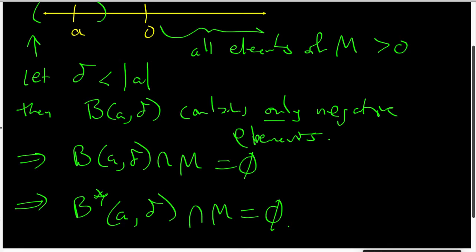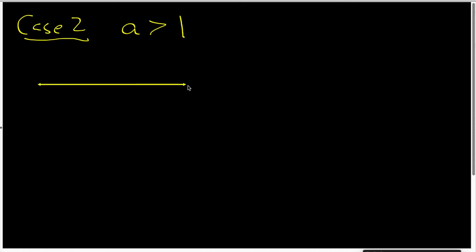Well, our second case is another obvious case. Let's pick a real number A that is known to be bigger than 1. So here again, let's draw a picture. There's my number line. Here's 0. Here's 1. And A is out here somewhere.